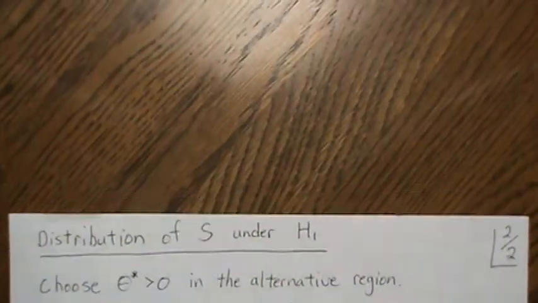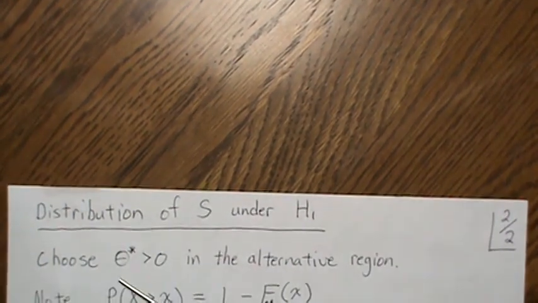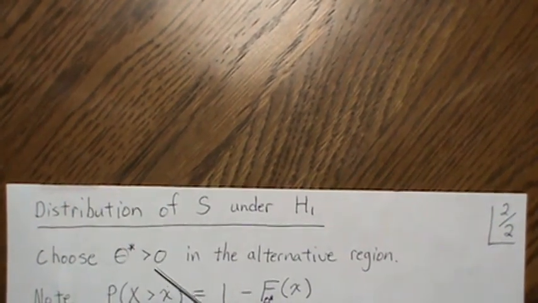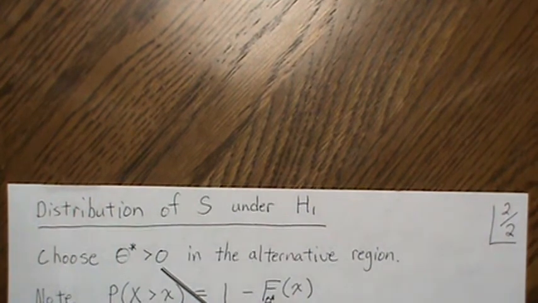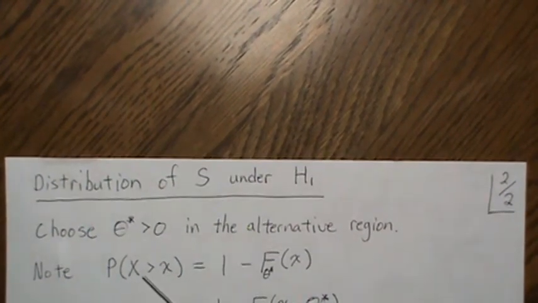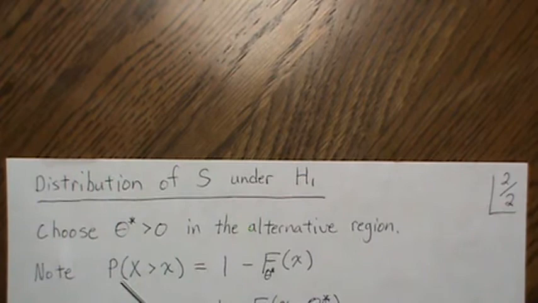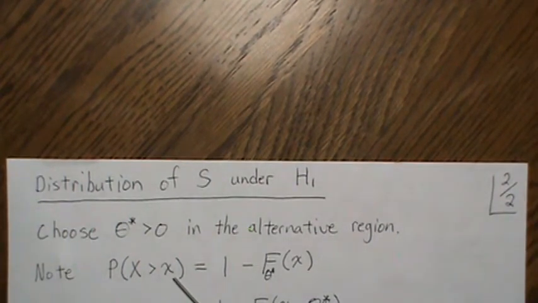Well, let's look at the distribution under the alternative region. So here we need to pick a theta greater than 0, because we're saying we're in the alternative, so the median is positive. And so now here's a note that in general, if we want the probability that X is greater than x, then it's a survival function.